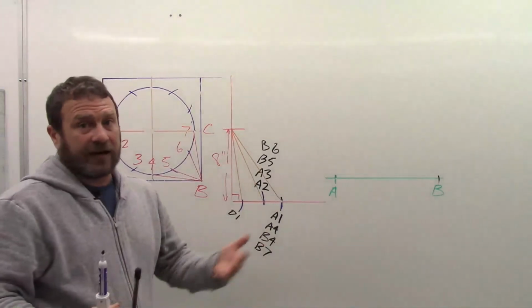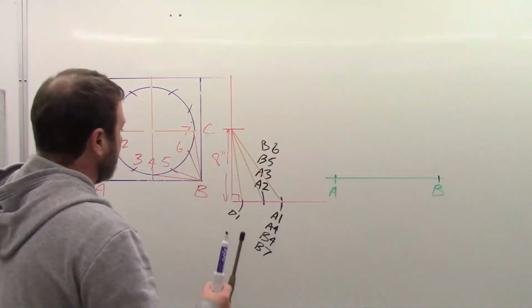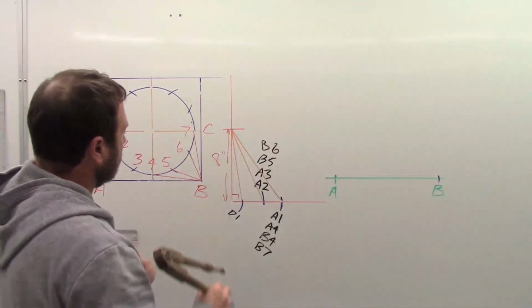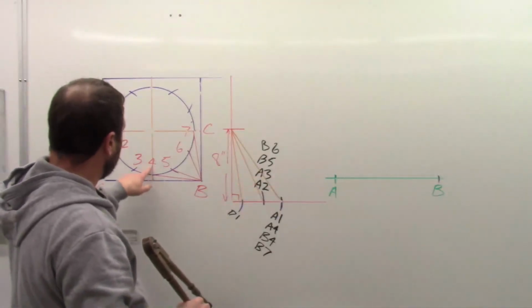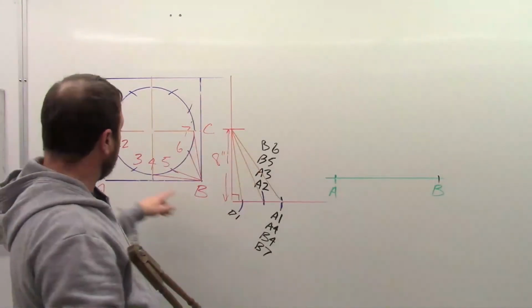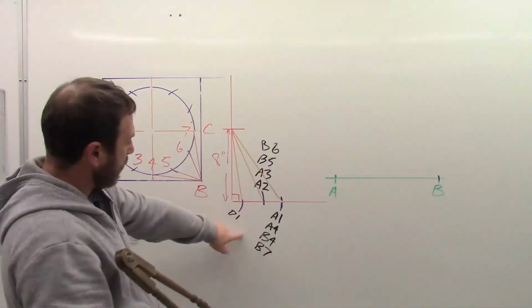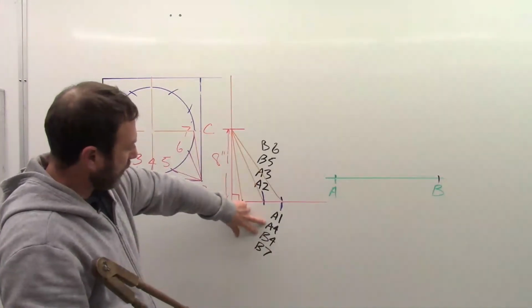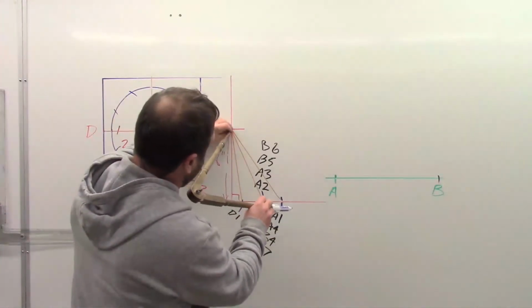Now that we have all our lengths, it becomes, again, an easy process. We just have to keep track of things, that's really the key to it all. Okay, so two known points to create a third. My unknown is 4 here. So I look at my true length diagram, and I need line A4 and line B4. So I come over to my true length diagram. I look for their match. They're both the same. So I'm going to pick up those lengths with my compass.